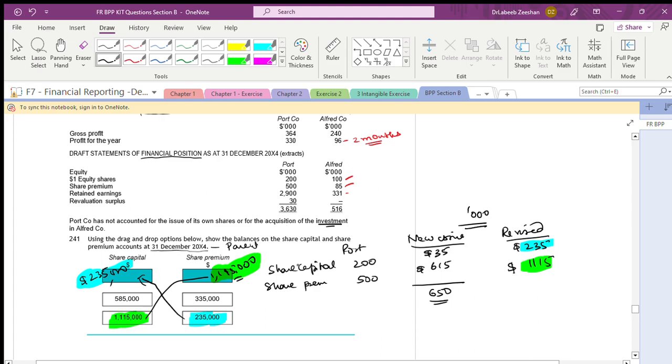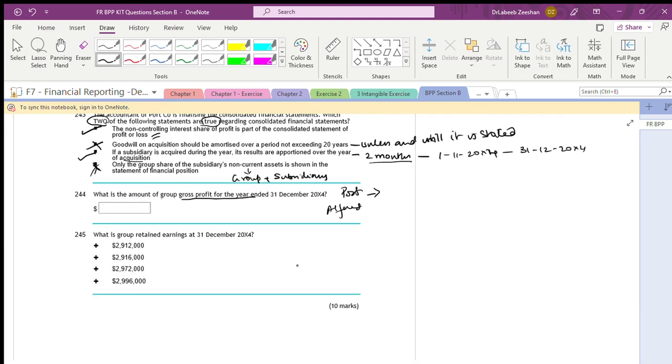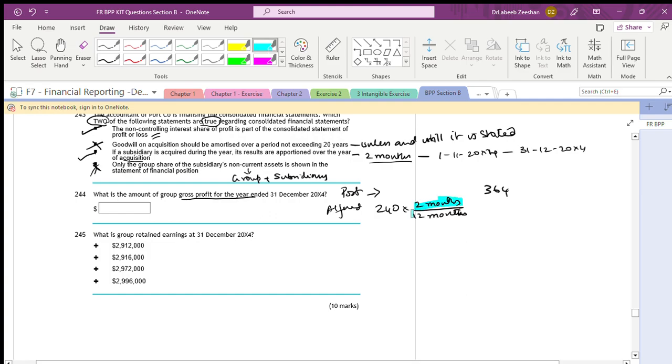Is it 364 and 240? 364 we will take directly. 240, what will we take? It is for 12 months, but we are taking only 2 months.